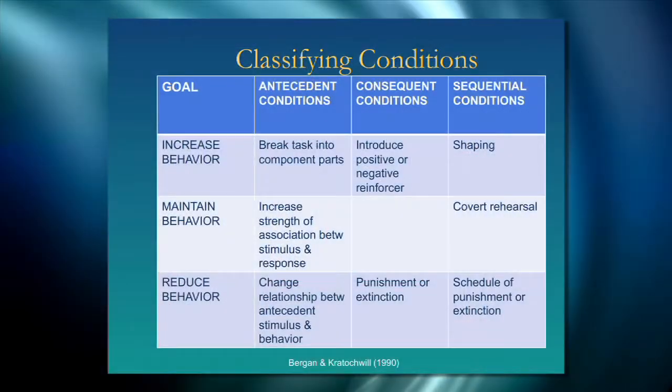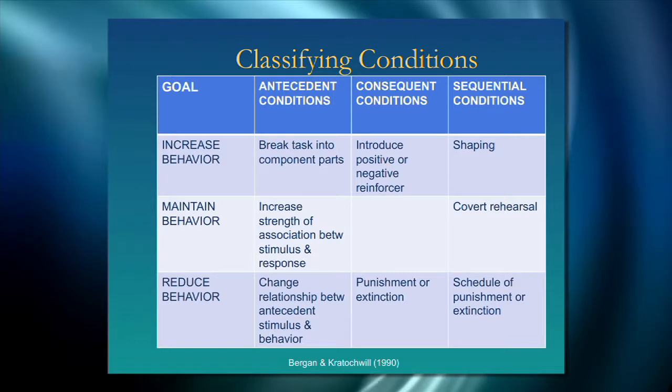On the other hand, if we look at consequent conditions and we want to increase behavior, usually we're dealing with a positive reinforcement situation. By the way, negative reinforcement is not punishment.